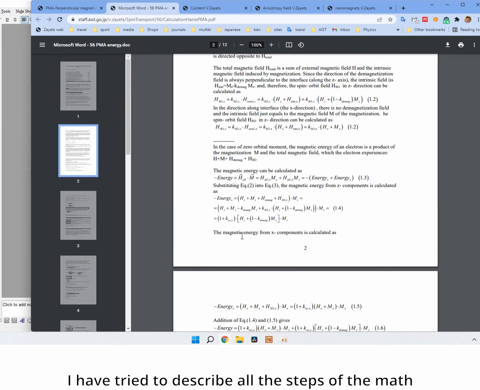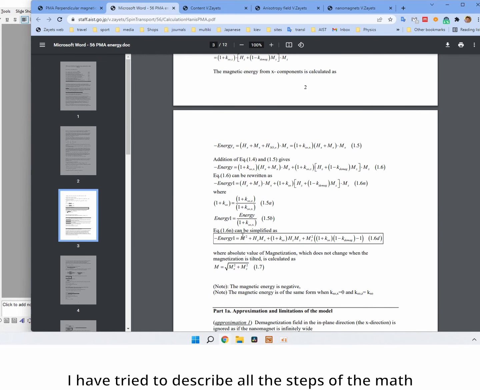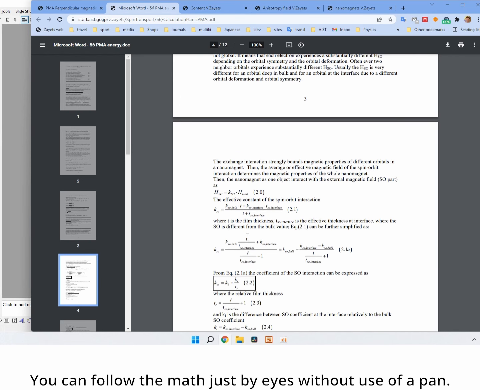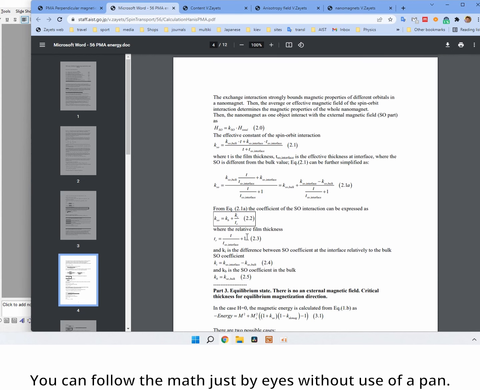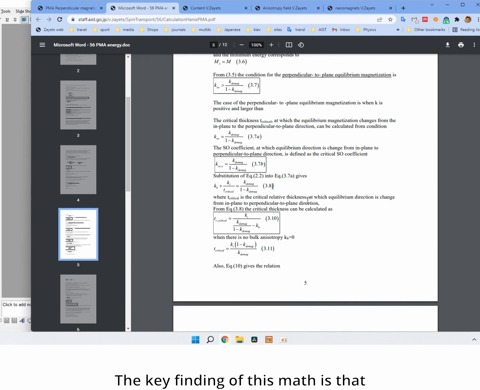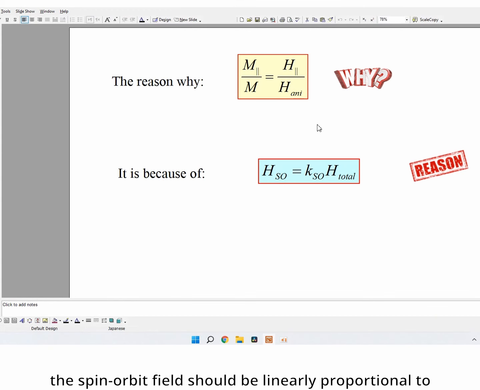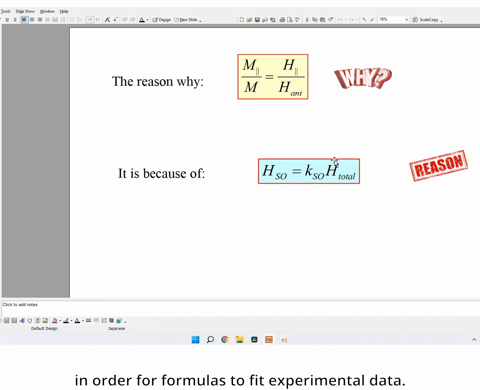I have tried to describe all the steps of the math in as much detail as possible. You can follow the math just by eye without use of a pen. The key finding of this math is that the spin-orbit field should be linearly proportional to the sum of other magnetic fields in order for formulas to fit experimental data.